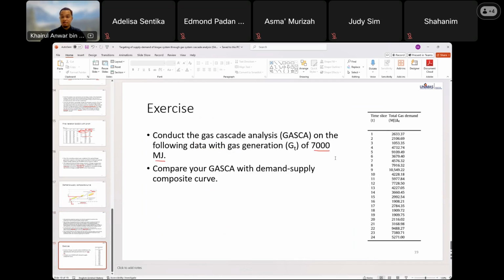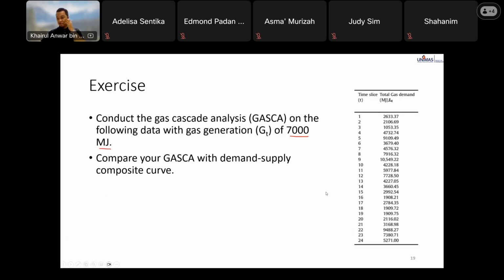You can do this example first. Exercise. Let's see it. Five minutes, just roughly. So what we need to do is, we have the LT there. So your task is to prepare the other columns after that, net gas generation GT. In this case, GT is given as 7,000 megajoule.